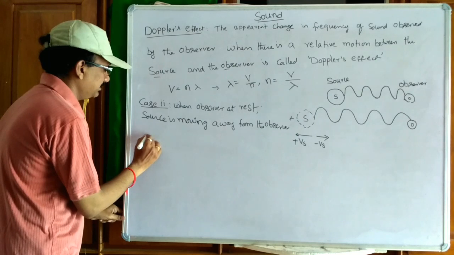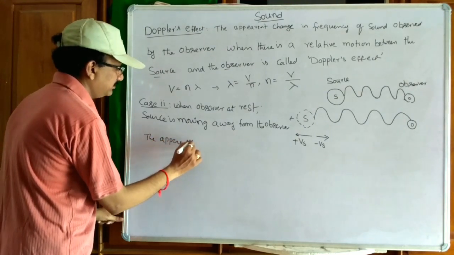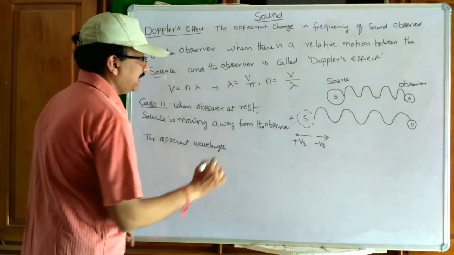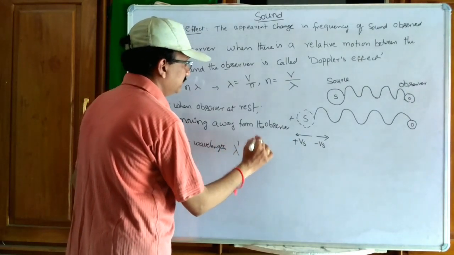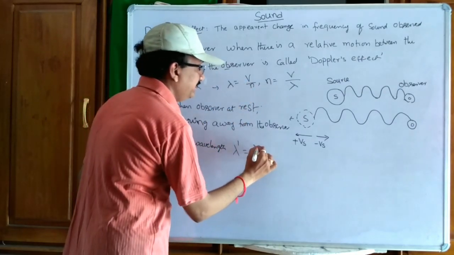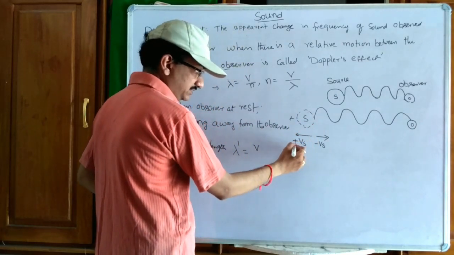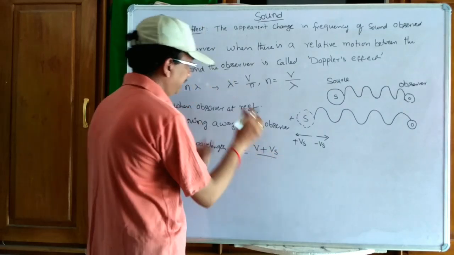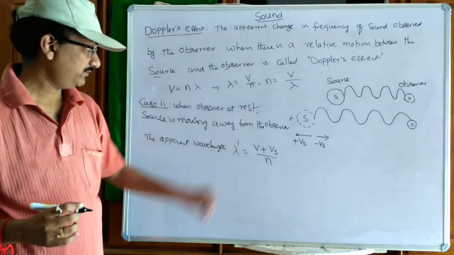The apparent wavelength, lambda dash is equal to this. We have to consider V. Here the source is moving left side, means this is taken as plus Vs by N. Up to this time there is no change of frequency.